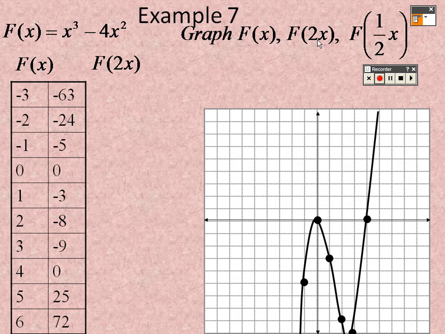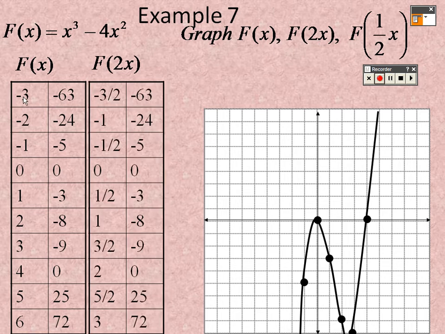2x, here's what you do. You actually divide the x by 2. So I divided the x all by 2, and the y's stayed the same. So those are all my new points. So there is -1/2, -5, 0, 0, 1/2, -3 is now here, 1, -8, 1.5, -9.